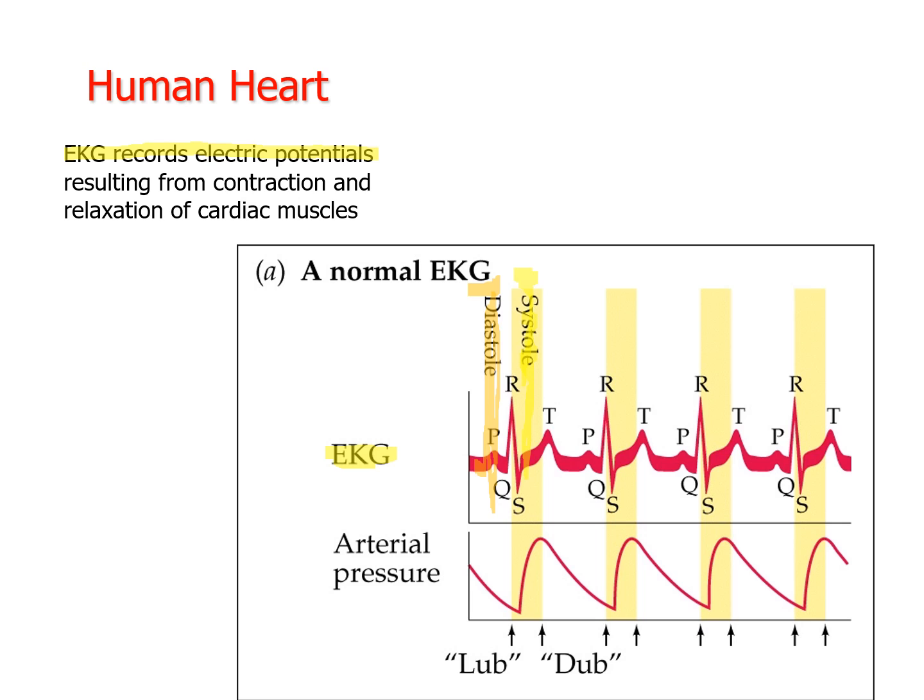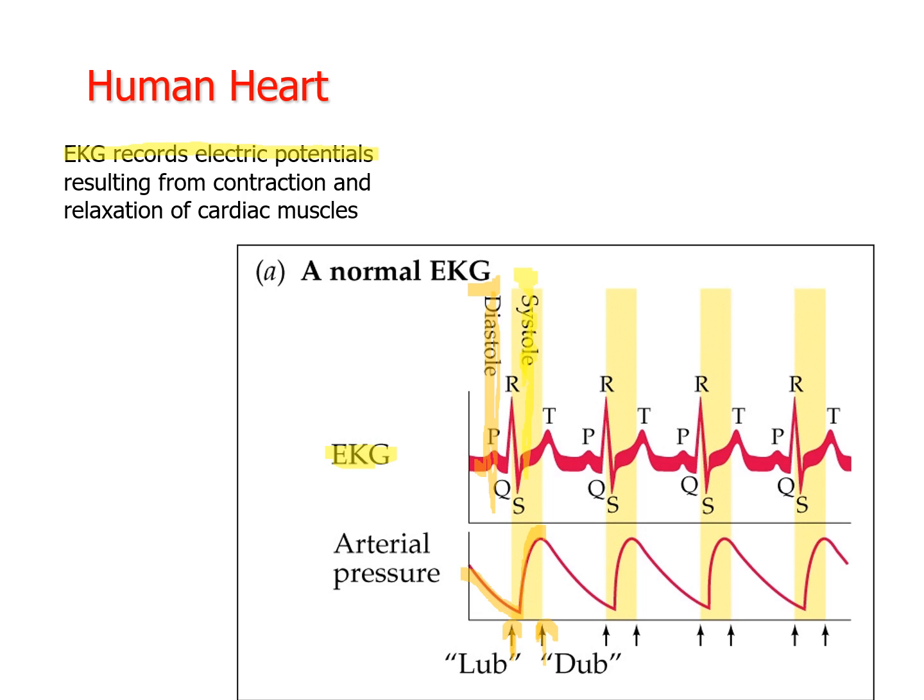But the main key factor here is looking at the arterial pressure. During diastole, it's going to be low and drop, and then during systole, it's going to suddenly rise up. Remember that the first heart sound is at the beginning of systole, and the second sound is the beginning of diastole.